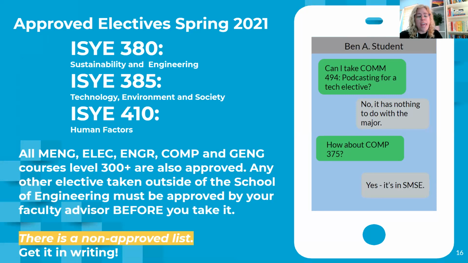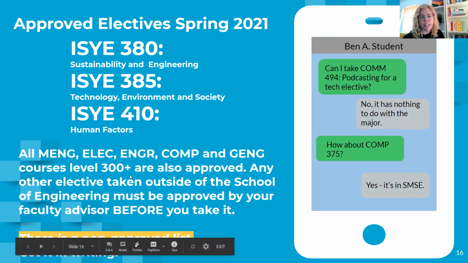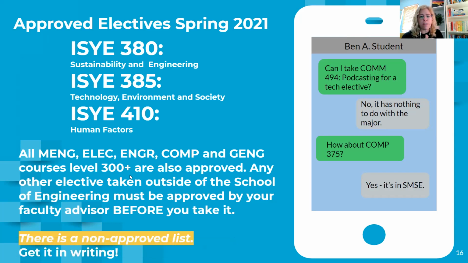If you want to take a course outside of the School of Engineering, like in the business school or in the communications department or somewhere, architecture, you need to have that approved as an elective. There is a non-approved list, so you need to send your advisor an email. Here's an example. Can I take COM 494, podcasting?